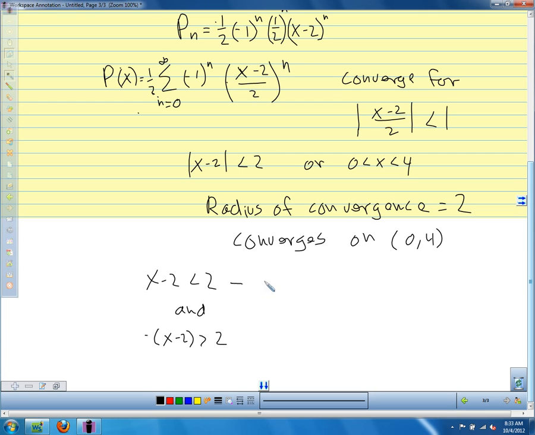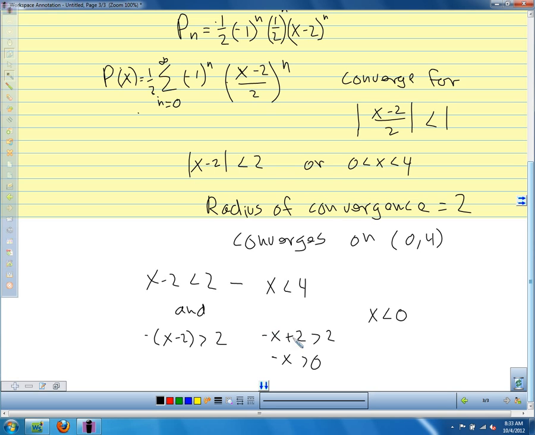So this one gives me that x is less than 4. This one gives me negative x plus 2 is greater than 2. Negative x greater than 0. Switch the sides, we get x less than.